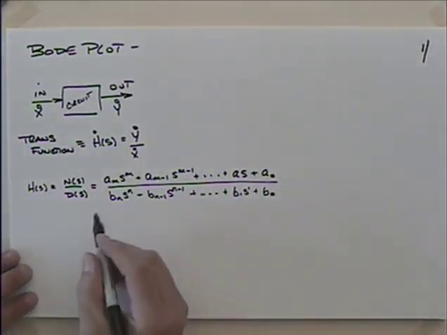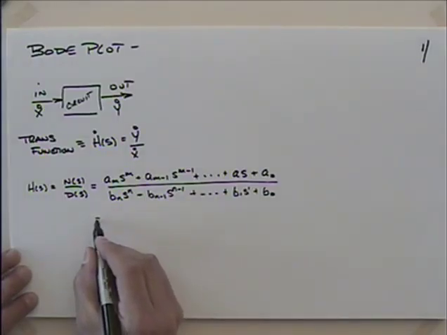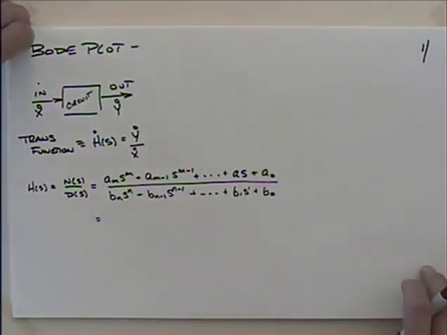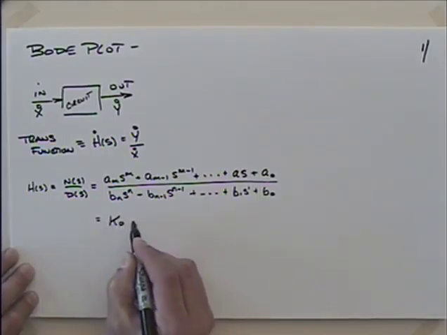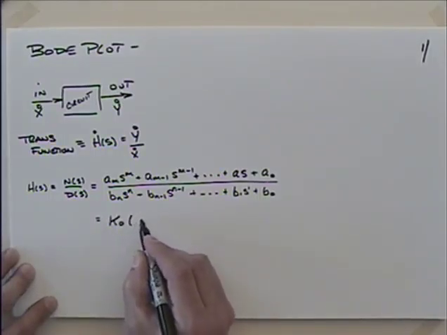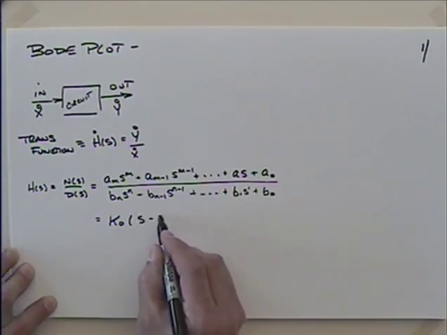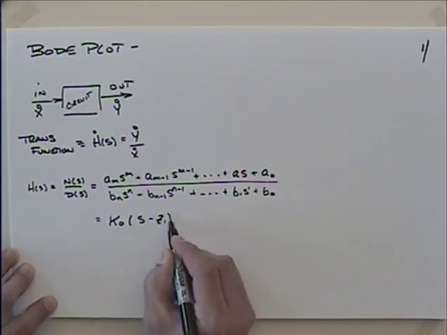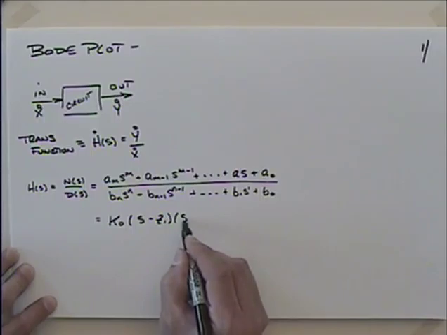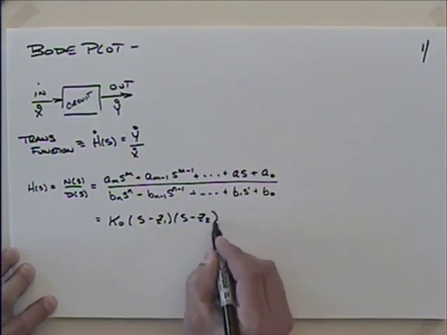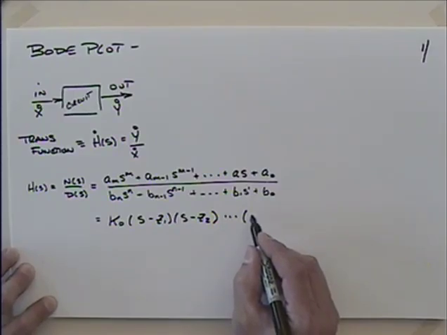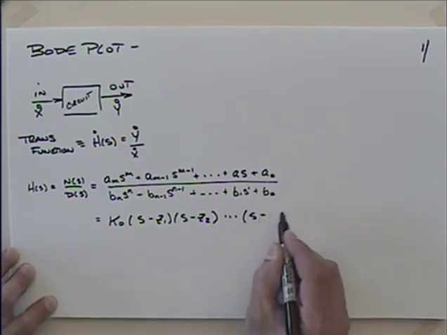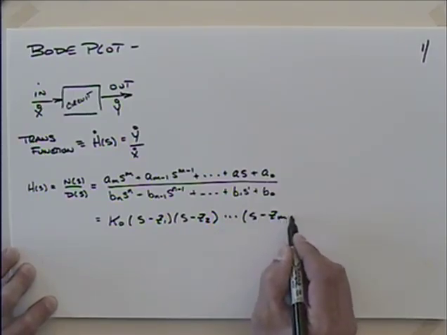And when you get the factors of these, you could factor them a variety of different ways, partial fractions or something like that. You'll probably have a constant here, we'll call that k naught, and then you'll have these factors, s minus, we'll say z1, and then s minus z2, and so on, depending on how many terms you would have, s minus zm.